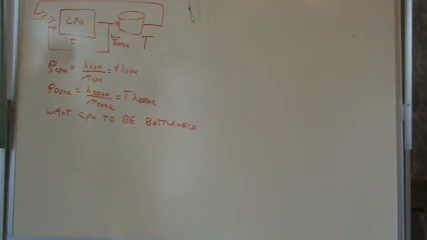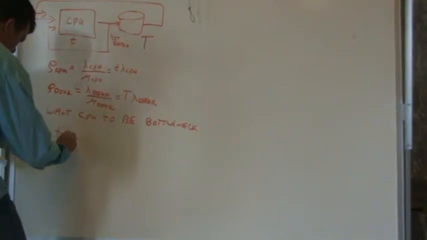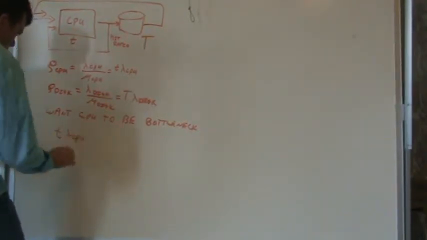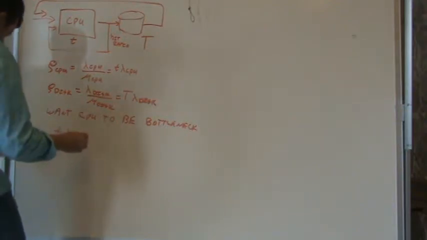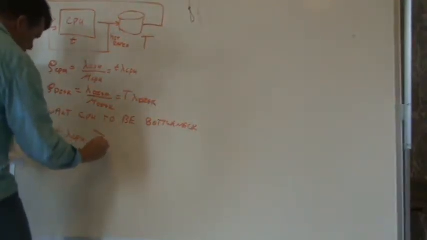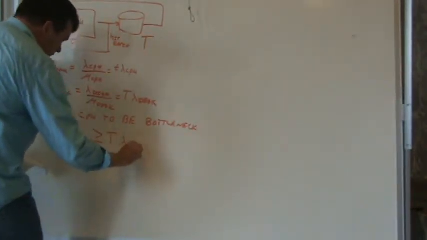So if we want the CPU to be the bottleneck, what do we have to set little t and big T to? We would want little t times lambda CPU, whatever the lambda of the CPU is, to be greater than or equal to big T times lambda CPU.